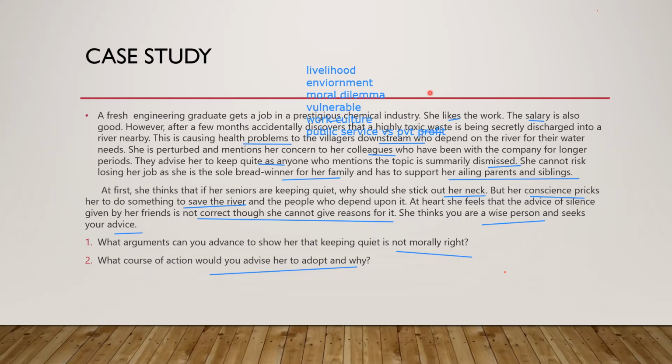I hope everyone has tried to write. Okay, so as I have said, we are not limited by ethics, we can use GS knowledge. Here the main issue is environment, and you are stuck with that company, so livelihood is different.